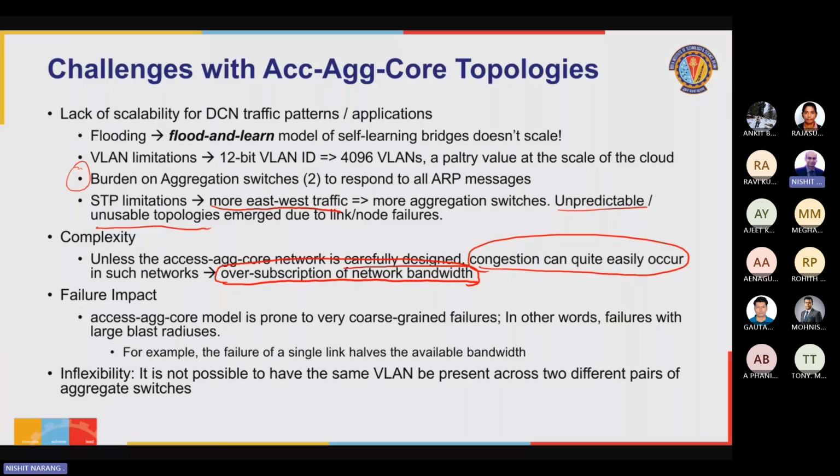Lastly, the way I explained on the previous slide, the constraint of using VLANs with STP together. I said that if I have to use efficiently the entire network bandwidth of an access aggregation core data center network, I have to build my VLANs and the spanning trees in such a fashion that VLAN 1 creates one spanning tree, VLAN 2 creates another spanning tree, subject to the constraint that these two spanning trees use mutually exclusive redundant links.